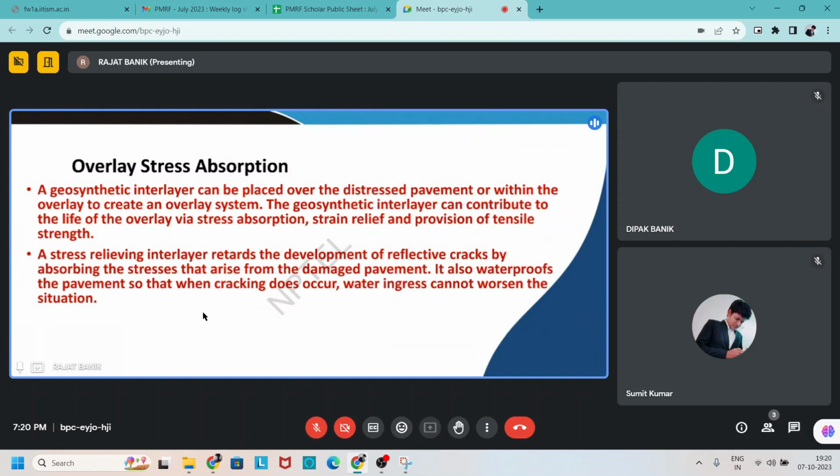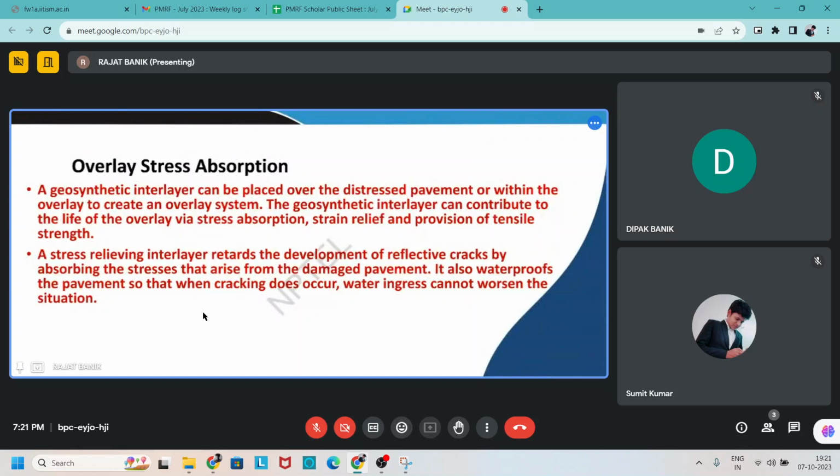A stress relieving interlayer retards the development of reflective cracking stress by the pavement. It also waterproofs the pavement so that when cracking does occur, water ingress cannot worsen the situation.